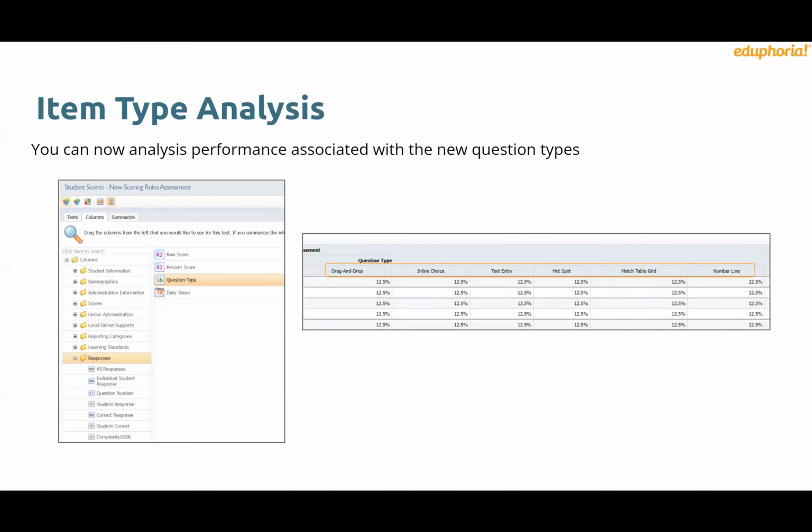Now you can see toward the right, if I want to analyze a test or multiple tests that I've given holistically, I can drag over the question type and see holistically how students are doing. Are they struggling more with match table grid? Are they struggling more with inline choice, drag and drop, and so on and so forth? So you now, as a whole, get a bigger picture.